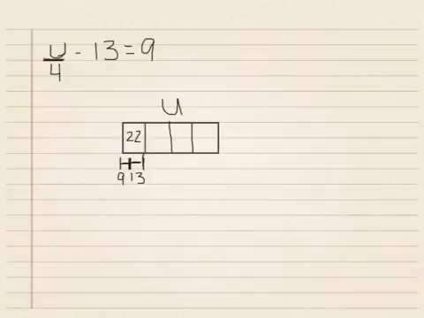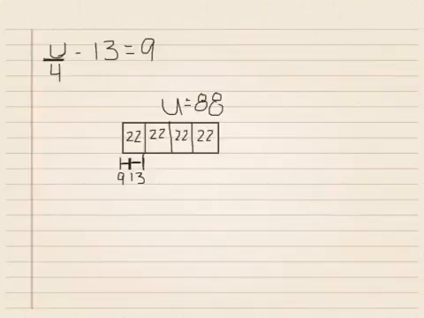If this fourth is 22, this fourth is 22, this fourth is 22, and this fourth is 22, then u is made up of 4 groups of 22, and we would have 88 for our answer.